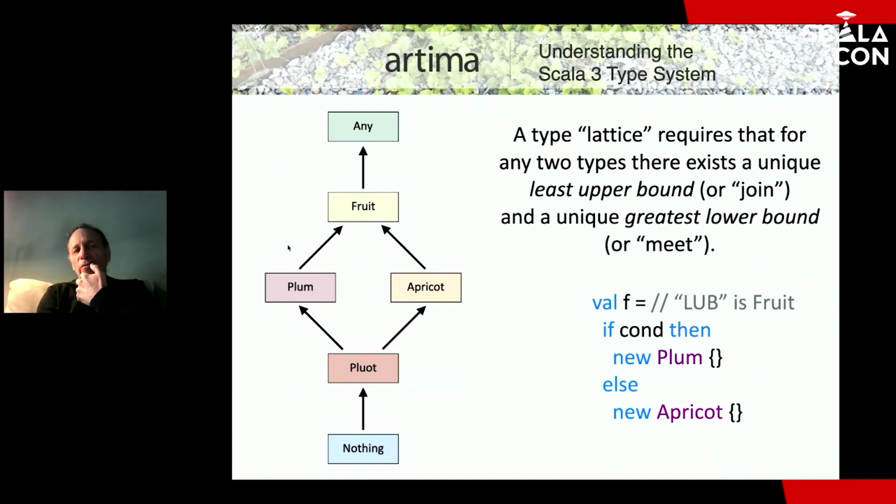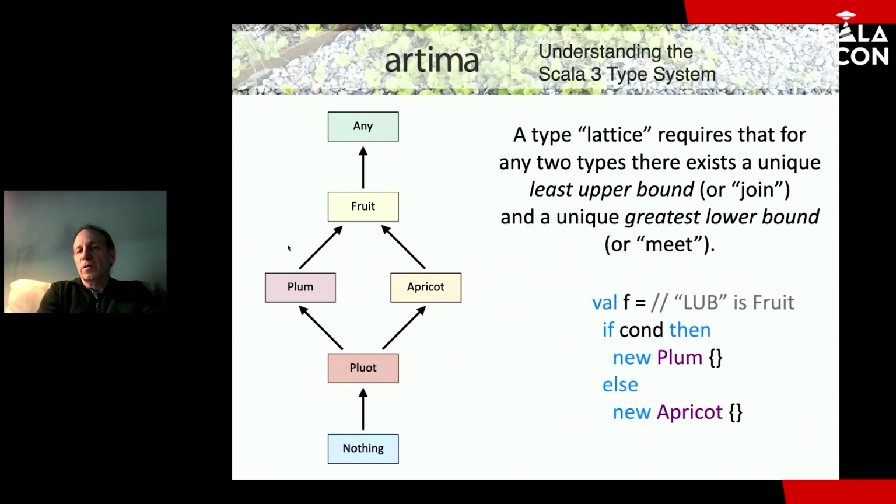And so one reason that it is important to have a lattice is so that there is always a unique least upper bound, because Scala uses that when it does type inference. The little bit of code here at the bottom right-hand corner is an example of where this is a val, and its name is f.